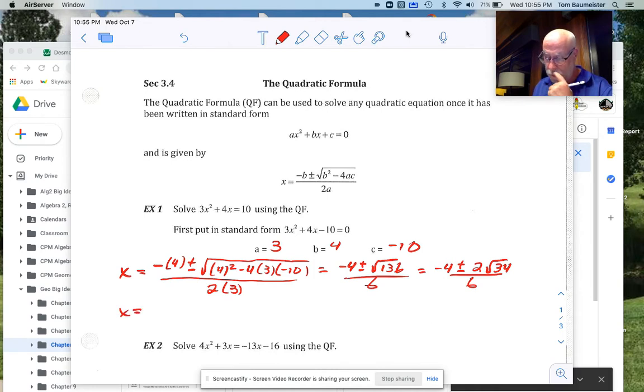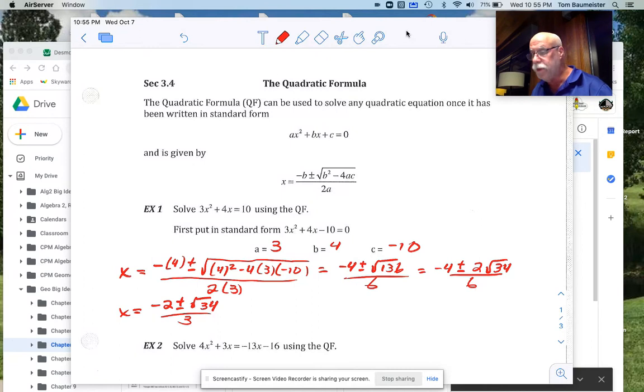On this one right here, I can factor out a 2 on everything, so that will be negative 2 plus or minus the square root of 34 over 3.